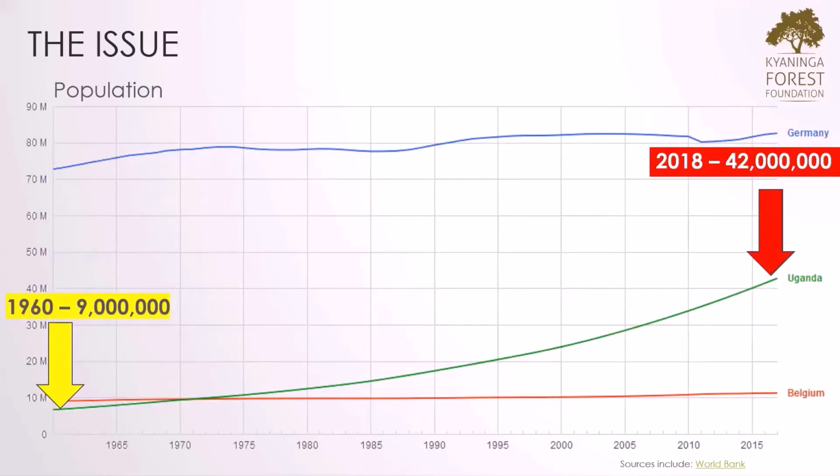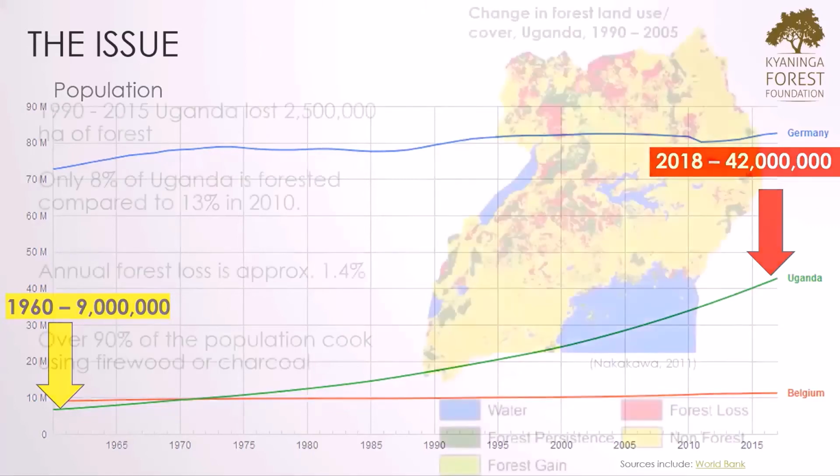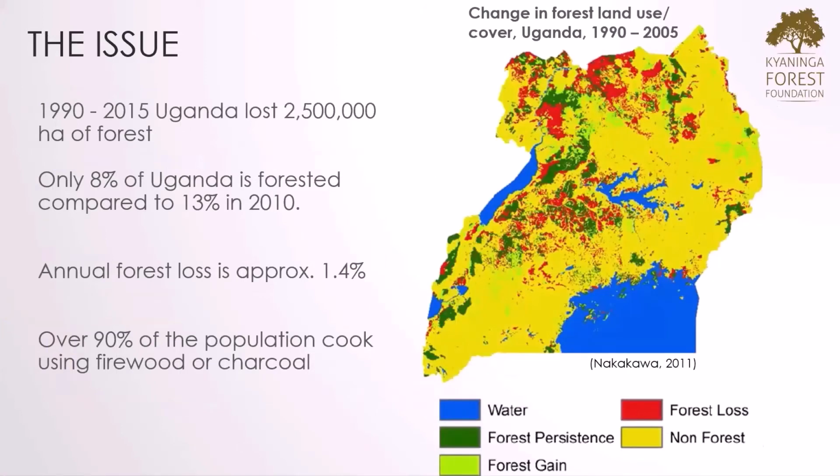The main issue causing such deforestation is simply the large population growth that's taken place within the last 50 years within Uganda. And because within Uganda the dominant source of fuel for cooking is firewood or charcoal, this has put huge pressure on the remaining forests.